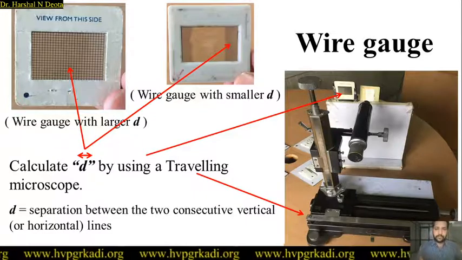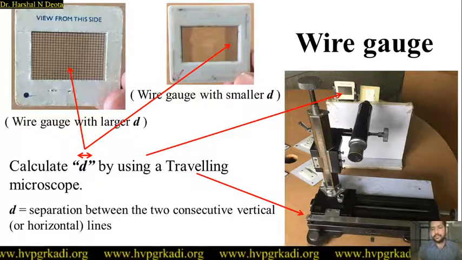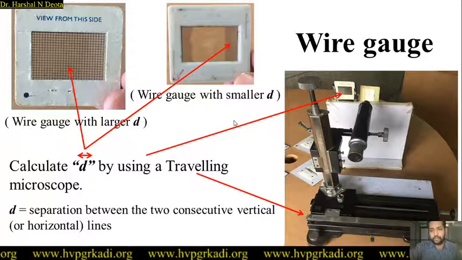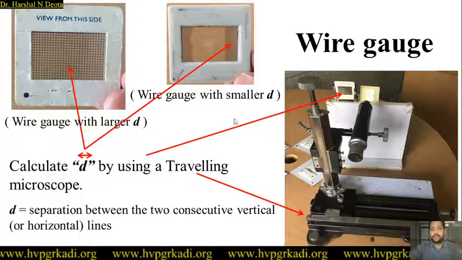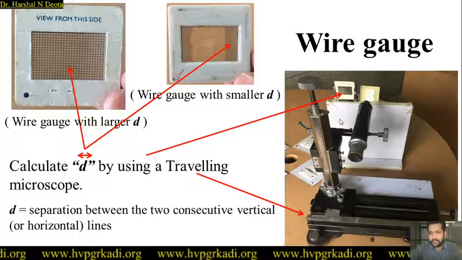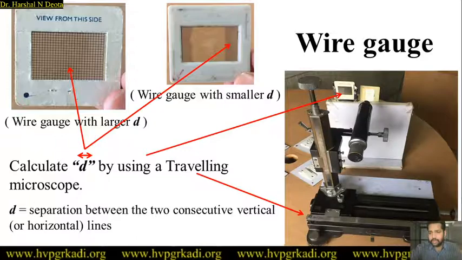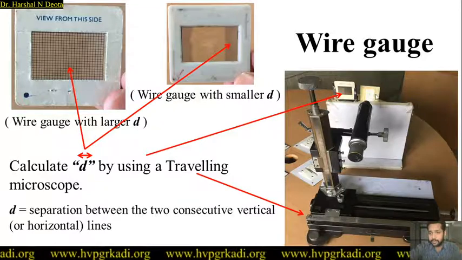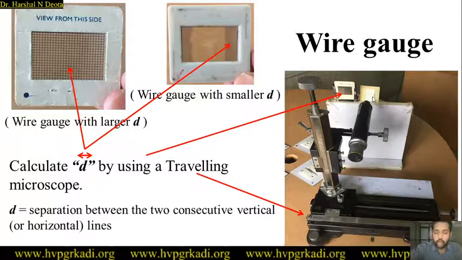Again, my friends, this distance is measured with the help of a traveling microscope. I hope you are familiar with the traveling microscope setup. You can see a lab setup design here, where first of all I have put on the wire gauge, and the second plate you can see is the Edser A plate for measuring the distance between the two crossbars.